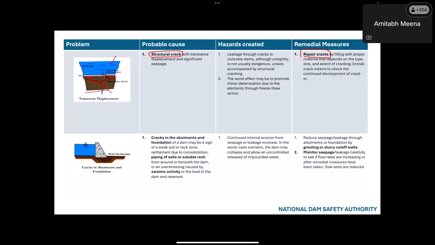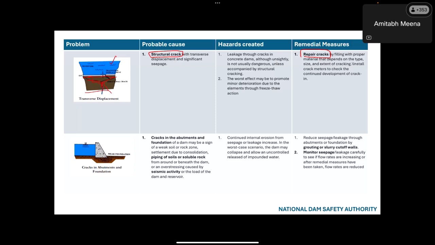Similarly, if there are cracks in the abutments and foundation, so this is the dam section. If we extend this dam to 3D view, we can see there may be cracks in the left abutment and the right abutment. So there may be some cracks in this abutment also, or here also.